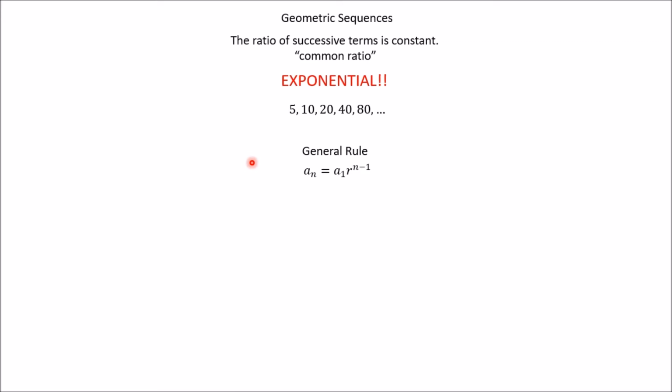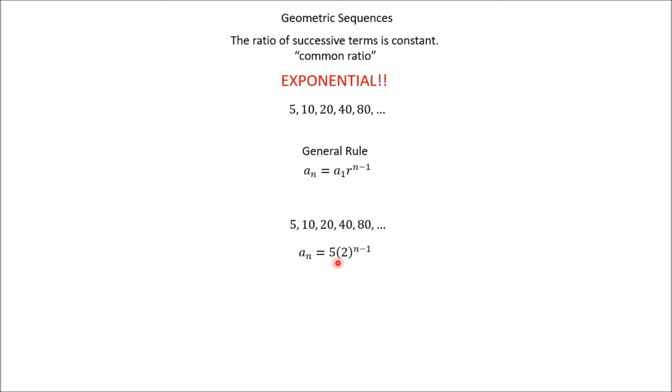So let's take this sequence from up here and find the equation. We can see that the r was times 2, times 2, times 2. And a1, the first term, is just 5. So we just need to plug that in.